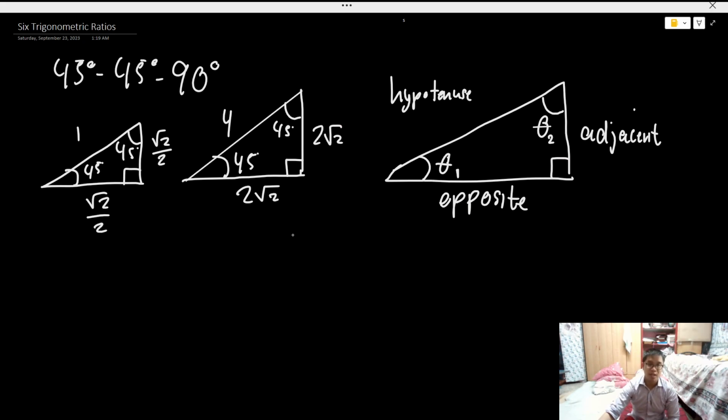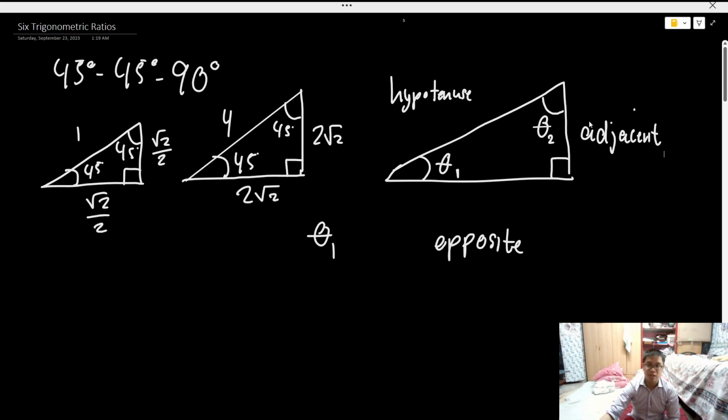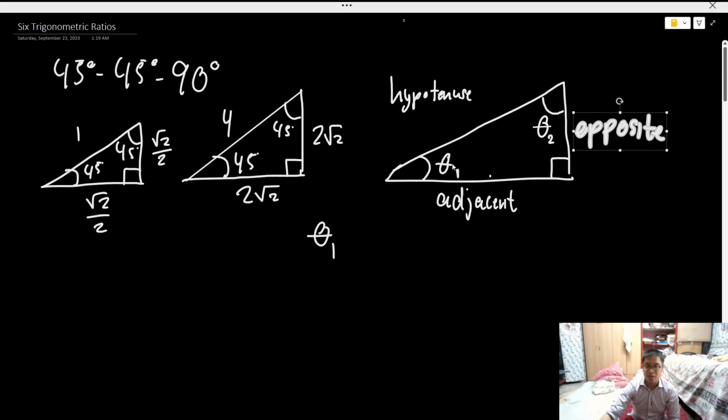For example, if you're referring to angle 1, what would be your opposite and what would be your adjacent? If you're referring to angle 1, the side here is your adjacent. This is your adjacent. Then, the side that is not adjacent or beside angle 1 would be the opposite.